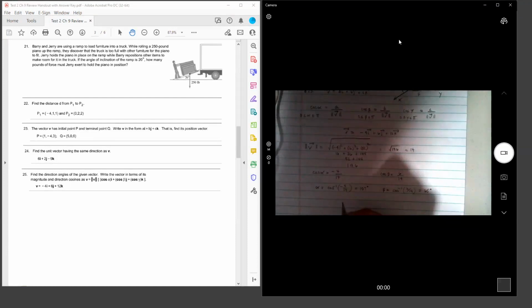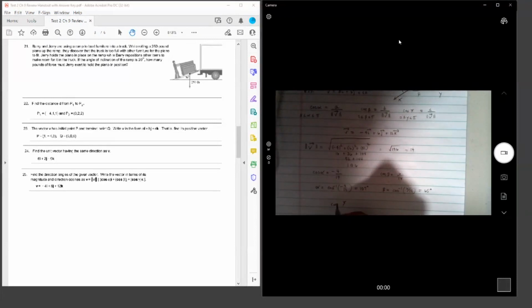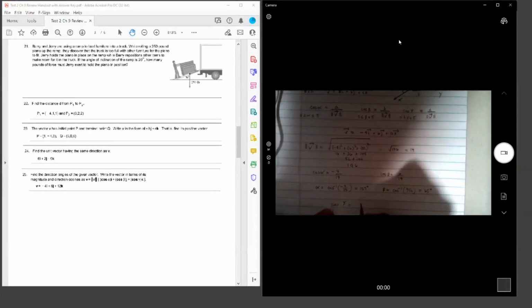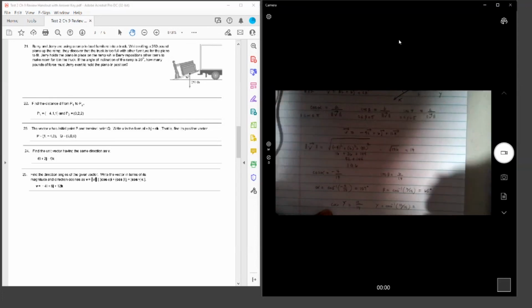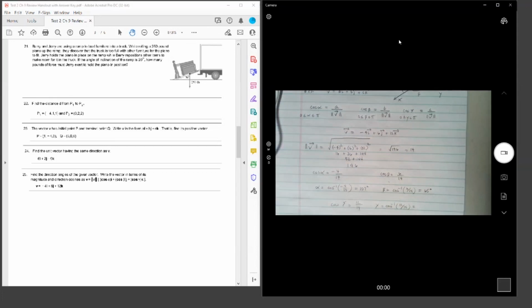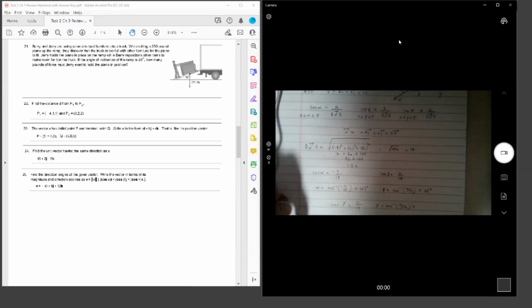And gamma, the cosine of gamma is therefore 12 over 14. Gamma is equal to the inverse cosine of 12 over 14, and gamma is approximately 31 degrees.